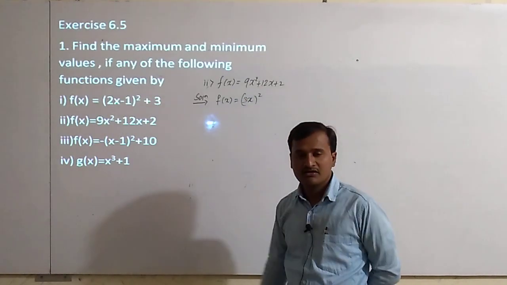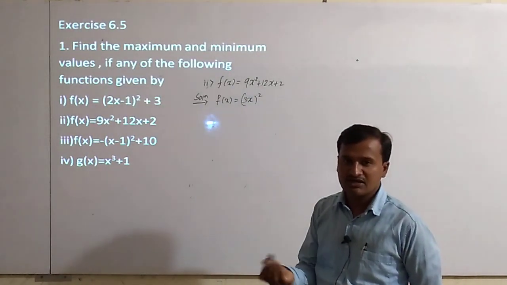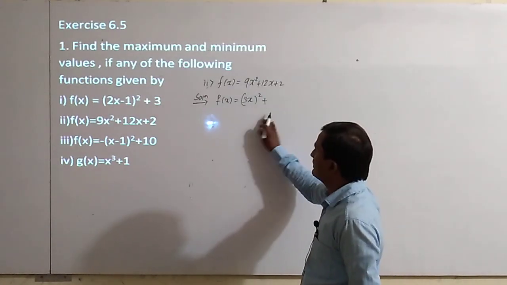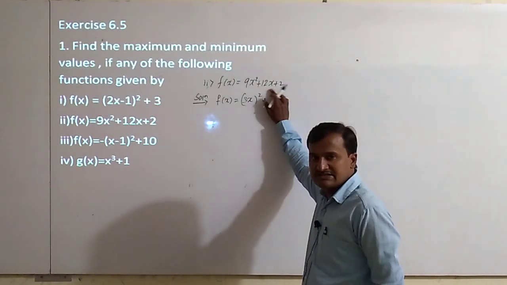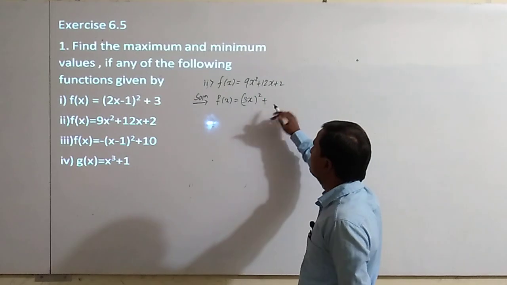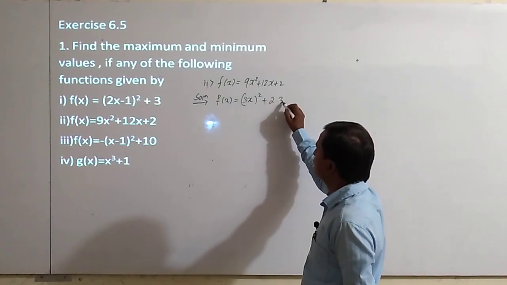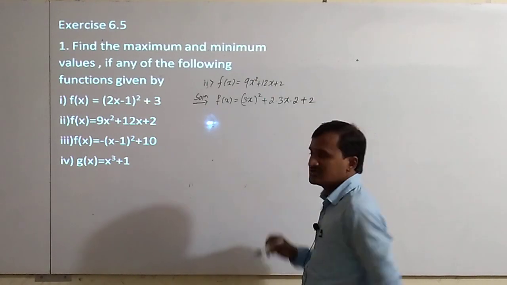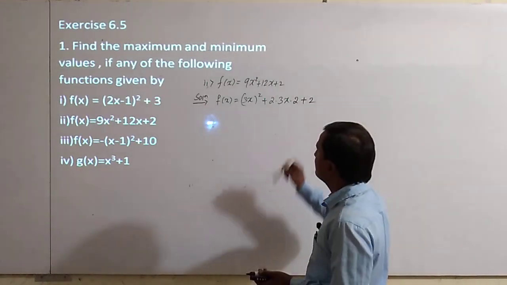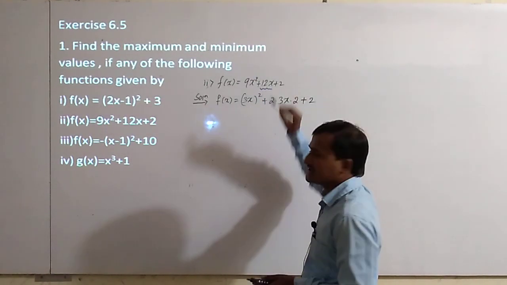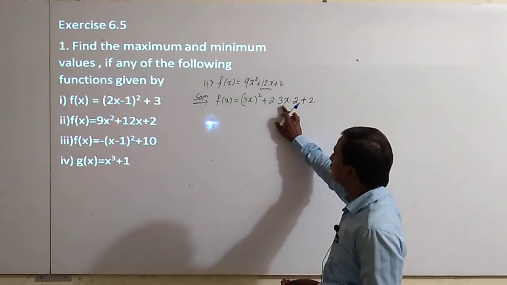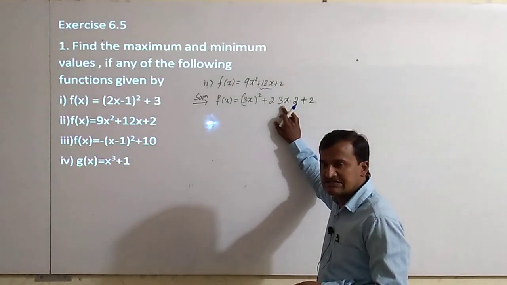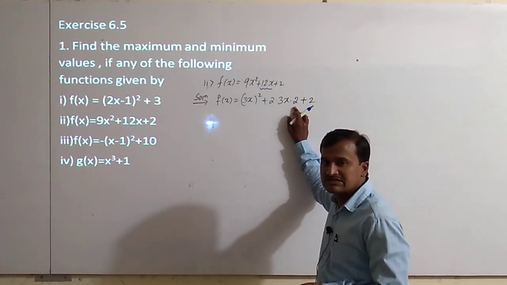Is it right? 3x whole square is nothing but 9x square, plus here 12x we will write like this: 2 into 3x into 2, plus 2. Is it right or what? So just I have written this 12x like this. 2 into 3x means what? 6x. 6x into 2 means 12x.